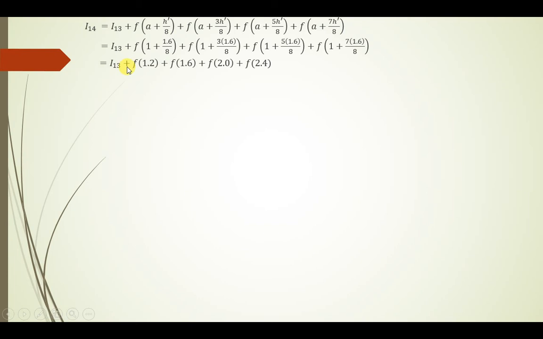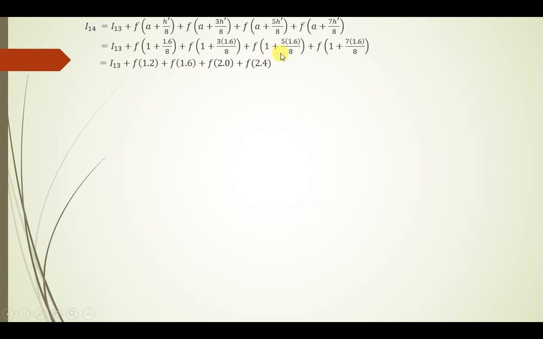Whenever 1.6 is divided by 8, you'll get 0.2. 0.2 plus 1 is 1.2, so that is actually f of 1.2. 0.2 multiplied by 3 is 0.6, 0.6 plus 1 is 1.6, so that is f of 1.6.